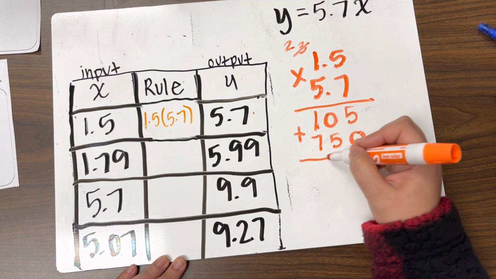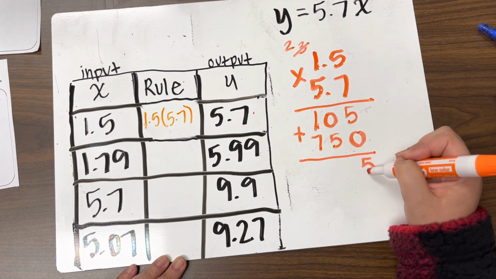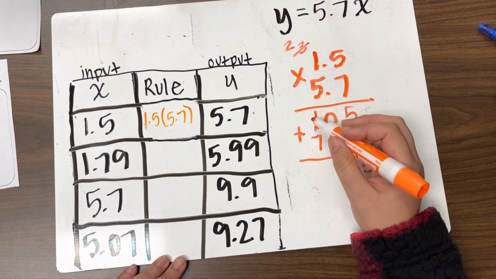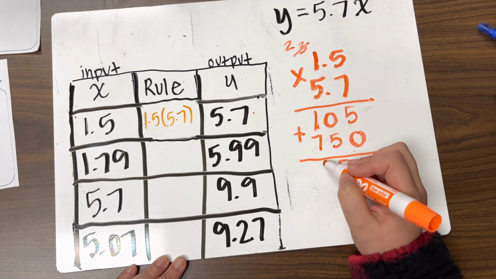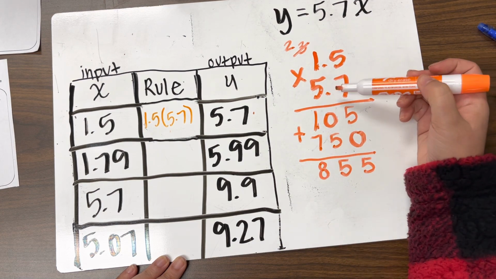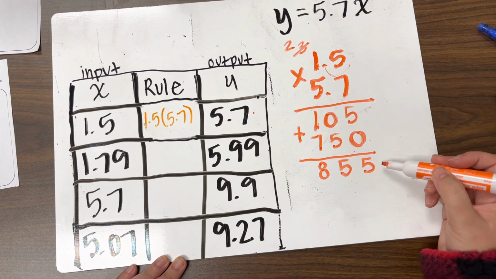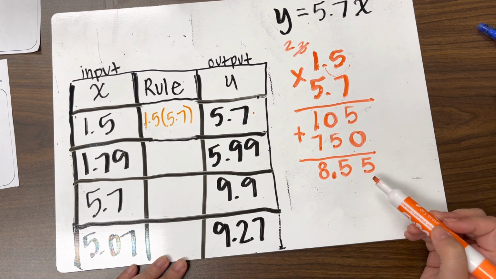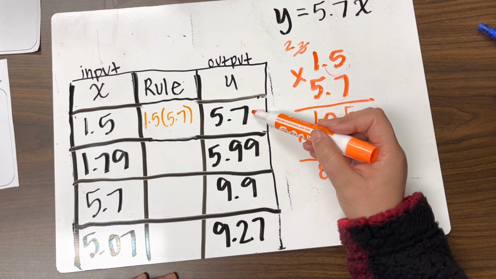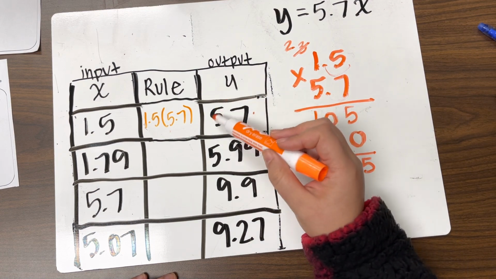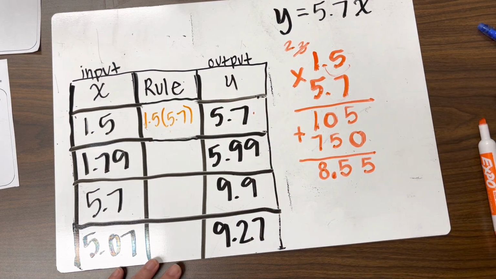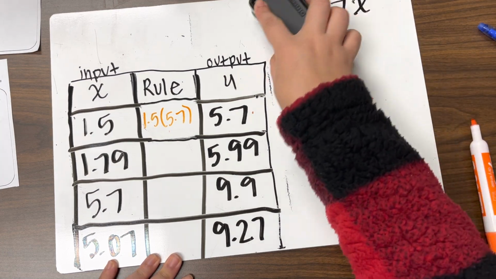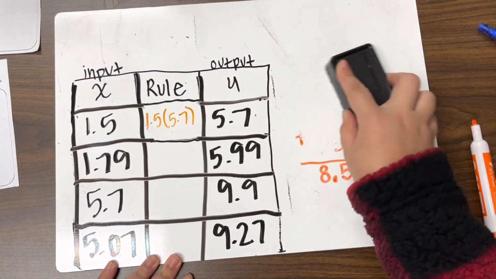And we add 5, 5, and 7 plus 1 is 8. And again, we have 2 place values, so we're going to move it 1, 2. So we get 8.55, which again does not match the output that I have here. So that is not going to be my answer either.